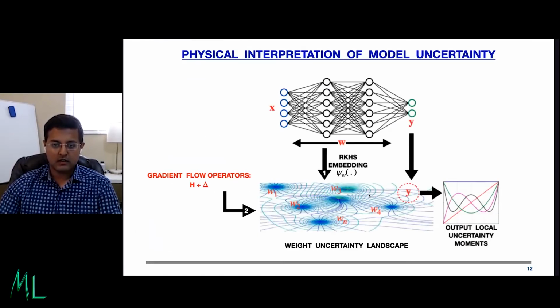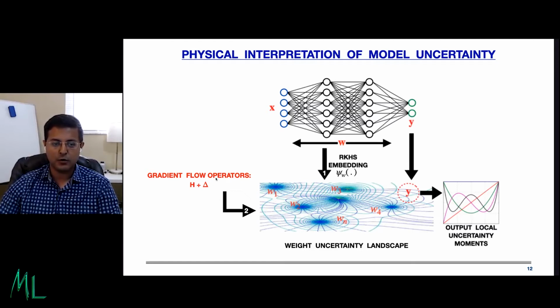So now coming back to our framework, this is the physical interpretation of our model uncertainty framework. We have a trained neural network. We take the RKHS embedding that quantifies the PDF of the weights. We implement some gradient flow operators from quantum physics on this field that eventually lead to these uncertainty moments, forming a continuous uncertainty envelope at any point in the space.